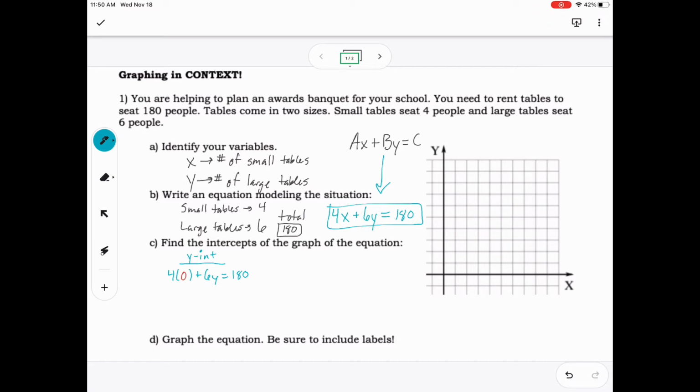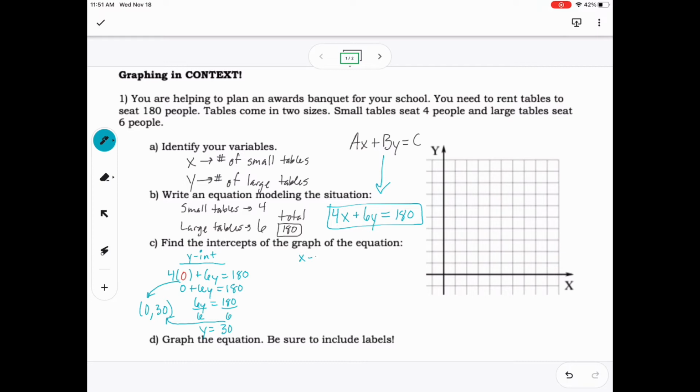So 4 times 0 is 0. 0 plus 6y gets me 6y. And then divide both sides by 6. So then y should equal 30. Okay, and that gives me the ordered pair of 0, 30. Remember, the 0 comes from what we plugged in. The 30 came from what we got out.